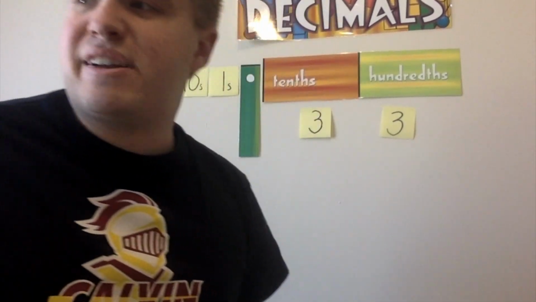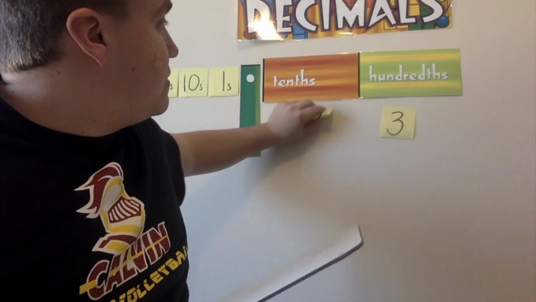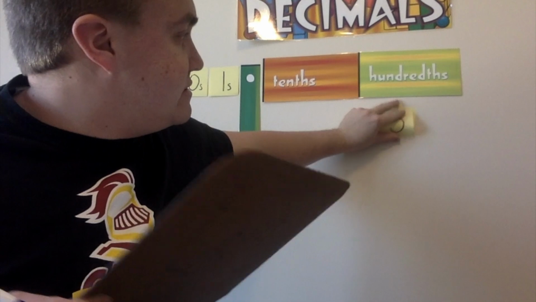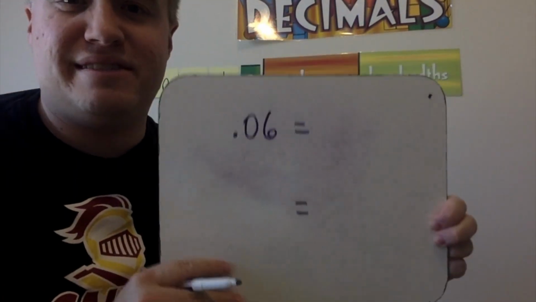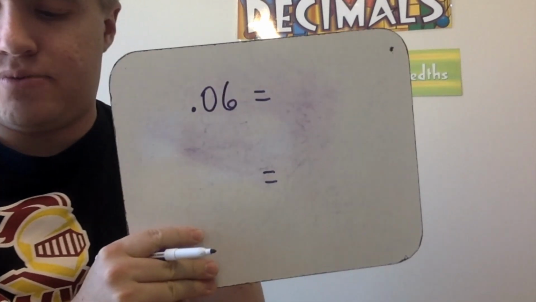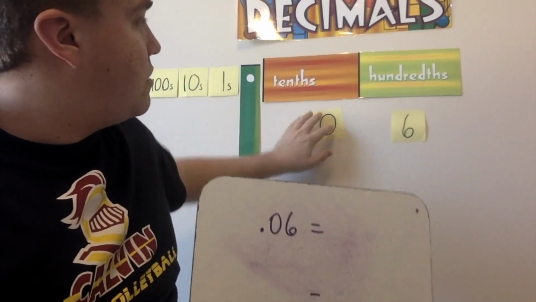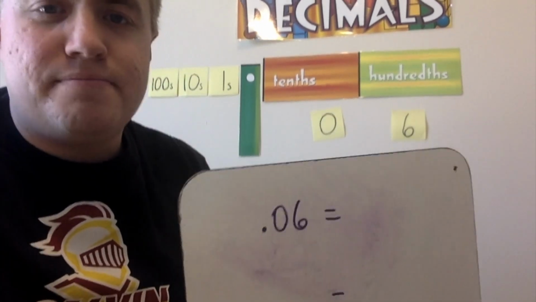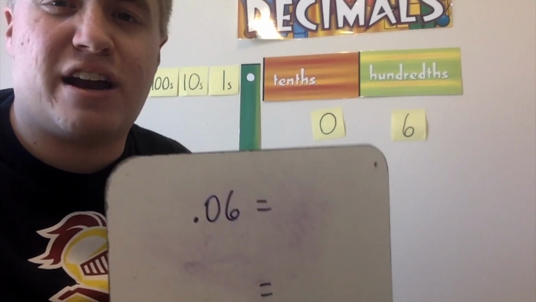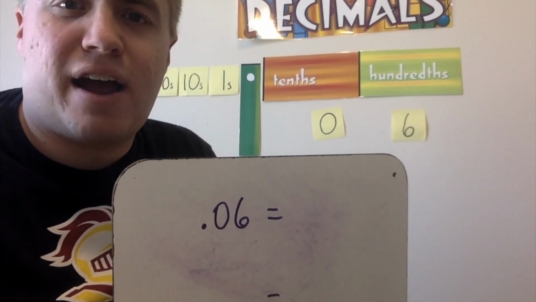Now, there are a couple tricky ones here. Let me get these off here a second. What if I have 0.06. Let me put these ones up here a second. 0.06. How would I convert this decimal, 0.06, into a fraction?